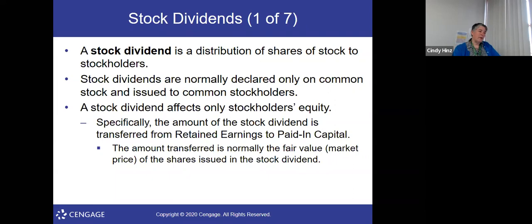Maybe they have a habit, a track record of increasing their dividend every quarter. So maybe it was 20 cents and it was 21 and 22 or 23, it keeps going up. That dividend pattern, that history, sends a signal to the stock market about what the board of directors thinks about the company.